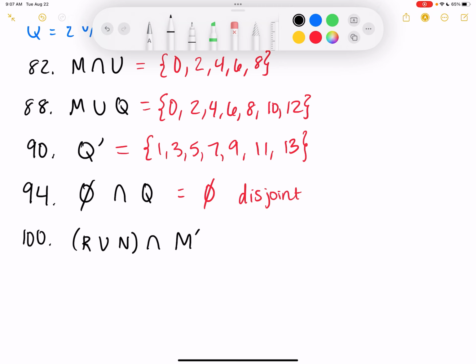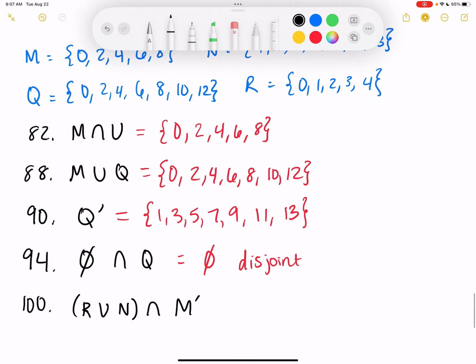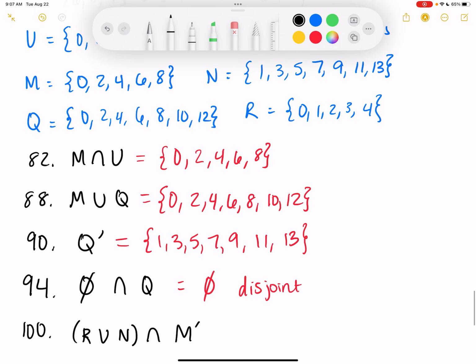My personal recommendation for one like this is to do each piece individually, because it's not stuff that was given to you. So I would find R union N first, rewrite that, and then find the complement of M. Then I would ultimately go back and find the intersection.